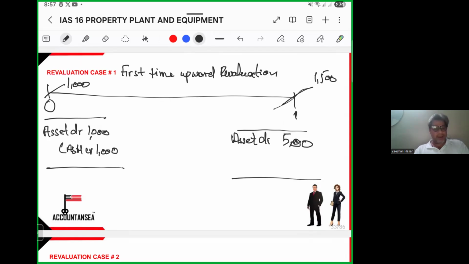So we cannot recognize it as an income in our income statement, right? As per the prudence concept. So we will recognize the gain in equity, and in equity there is a reserve known as the revaluation reserve. So when equity goes up, it gets credited. So revaluation reserve credit 500, right? I hope it is clear. That is case number one.